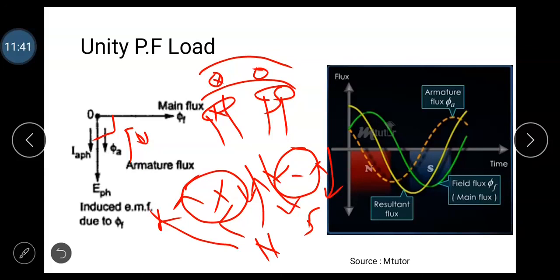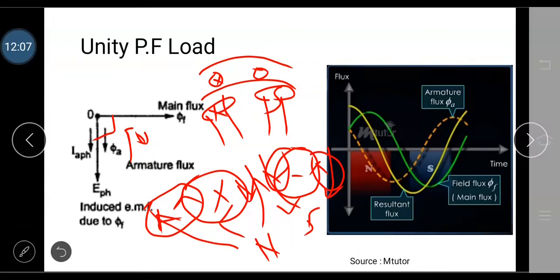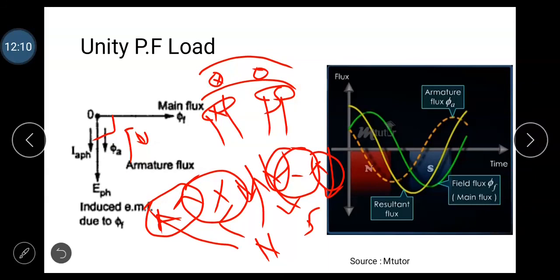If you notice in these two figures, at one point the flux is aiding each other, at another point it is opposing each other. Similarly here also, here aiding, here opposing. So the resultant flux will be like this. The green one is the field flux, the dotted line is the armature flux, and the yellow line is the resultant flux.